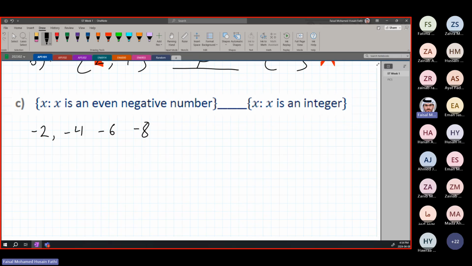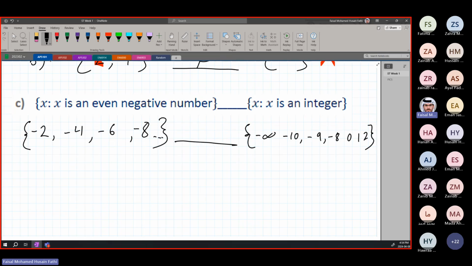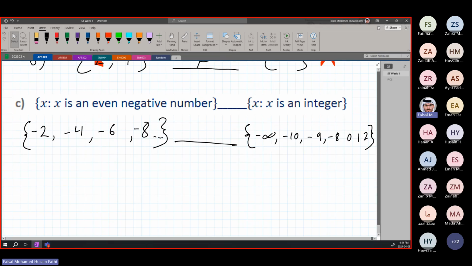And then, are these, and it keeps on going, a part of X, where X is an integer? Basically X is anything from minus infinity, -10, -9, -8, until 0, 1, 2. It is all the possible positive and negative numbers that do not have decimals.